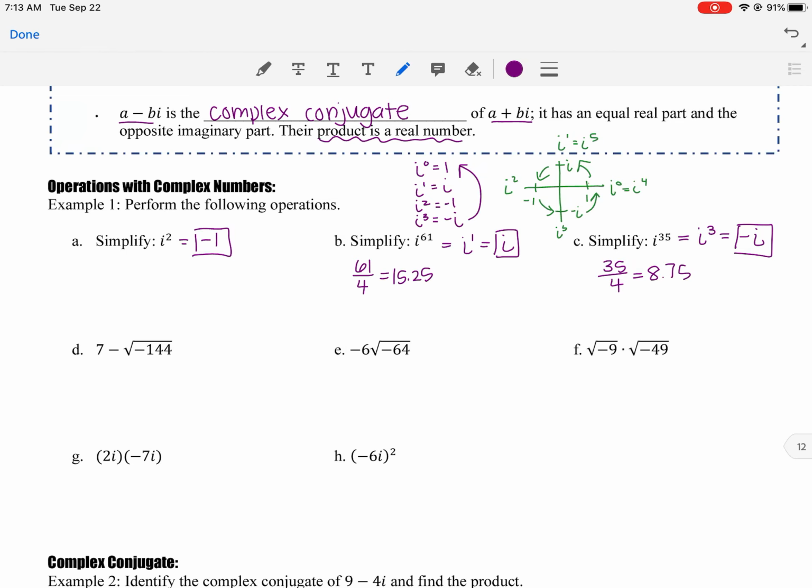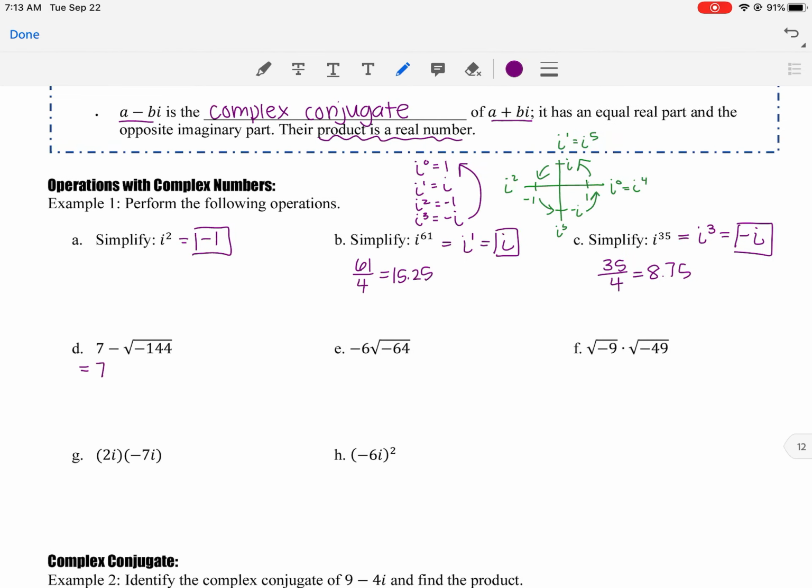Okay. On these next ones, we've got 7 minus the square root of -144. Square root of 144 is 12, and the negative part is i. Okay, on this one, we get -6, and then the square root of 64 is 8, and then the negative part, once again, is i.